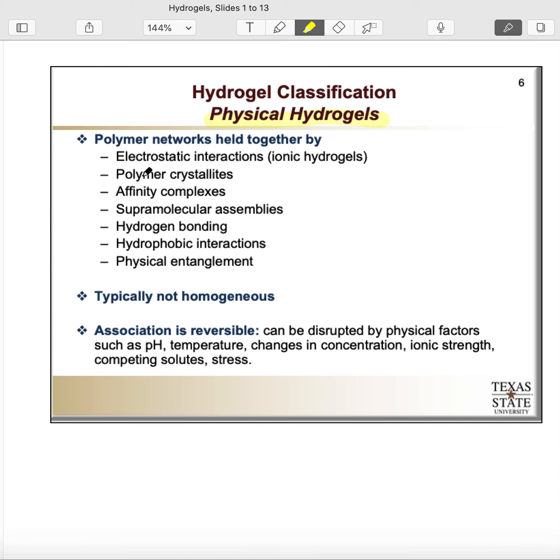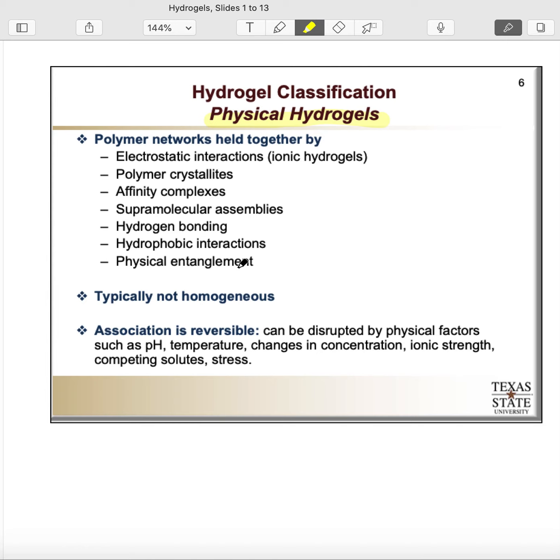We could have hydrogels that are cross-linked through polymer crystallites. We could have hydrogels that are cross-linked through affinity complexes, meaning molecules that have a high affinity toward one another. We could have cross-links that are made through supramolecular assemblies, hydrogen bonding, hydrophobic interactions, or just physical entanglement.